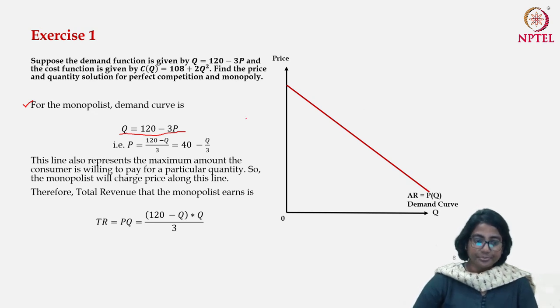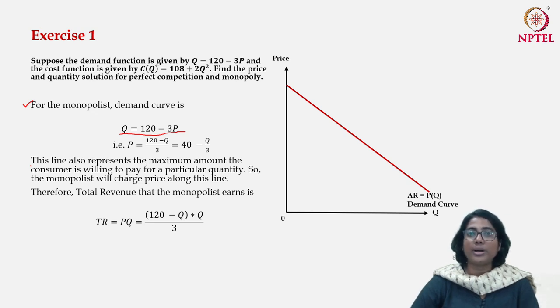So this is my average revenue. It also represents, as we have discussed, the maximum willingness to pay of the consumer. The amount that the consumer is willing to pay at max for any quantity is reflected in this demand curve. So the monopolist will charge the price along this line.